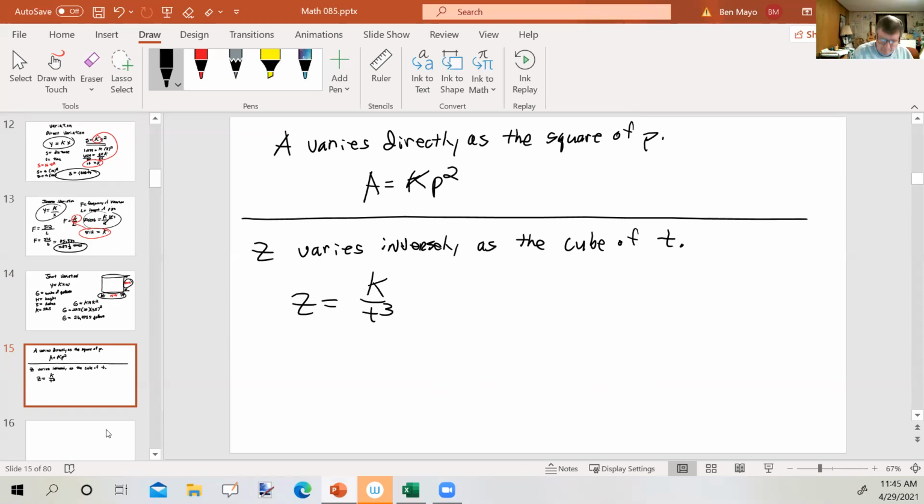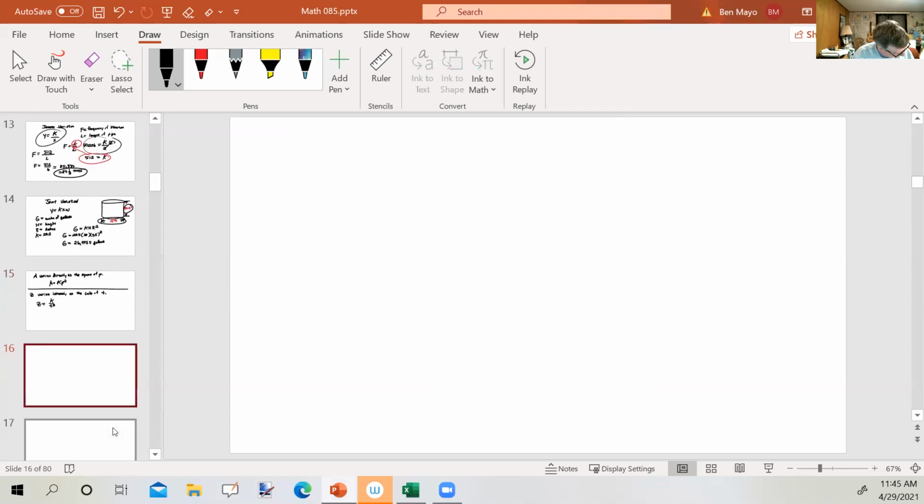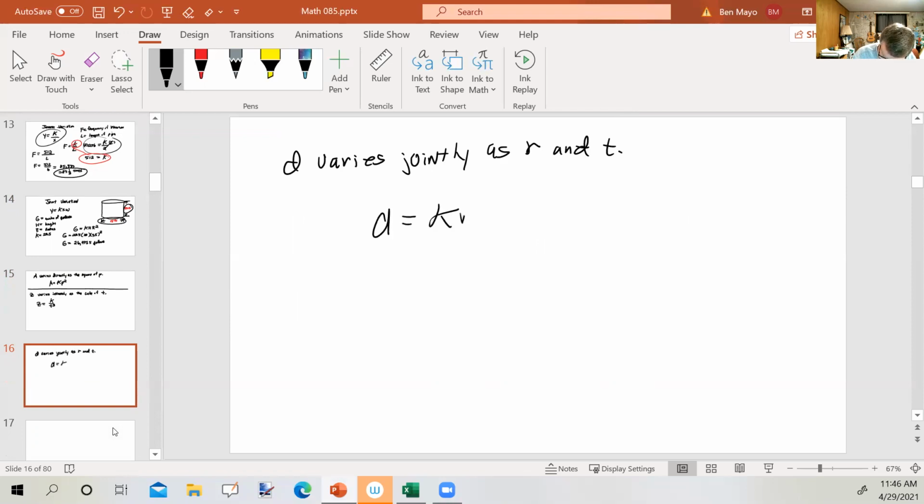All righty. Let's take a look at another one. This says d varies jointly as r and t. So d equals k r t.